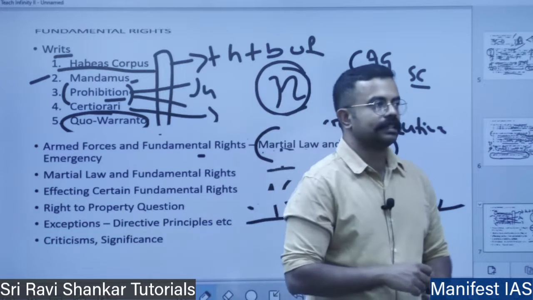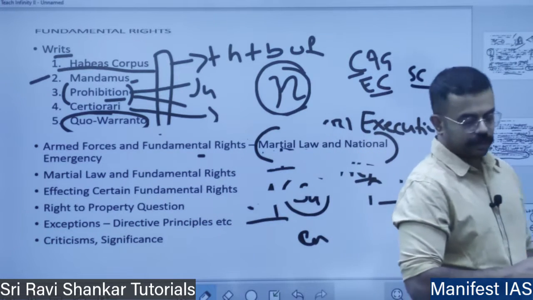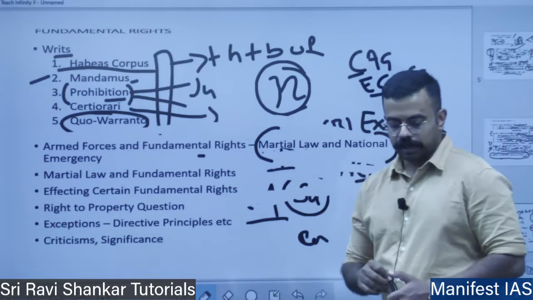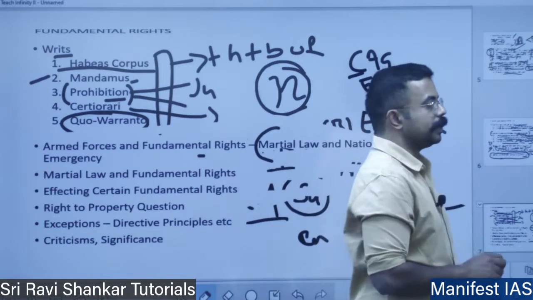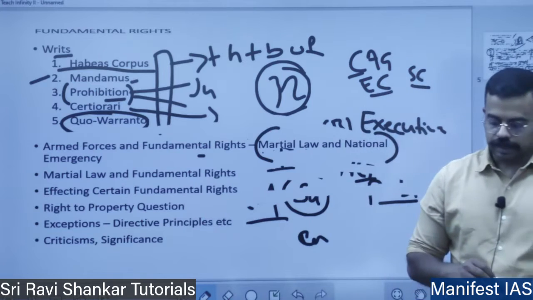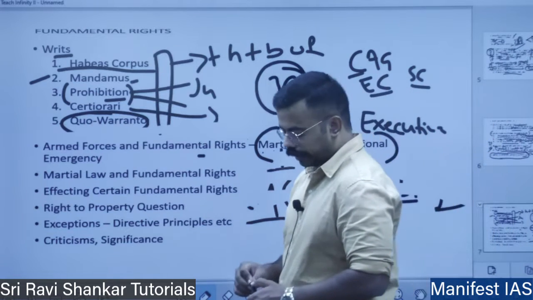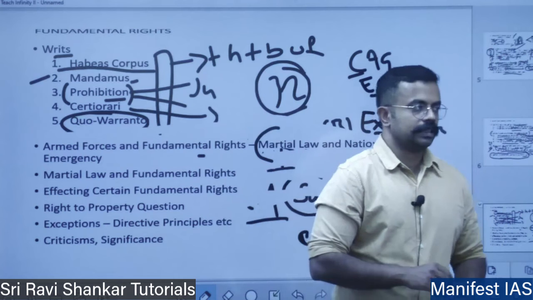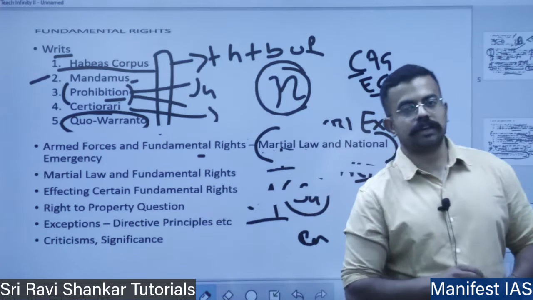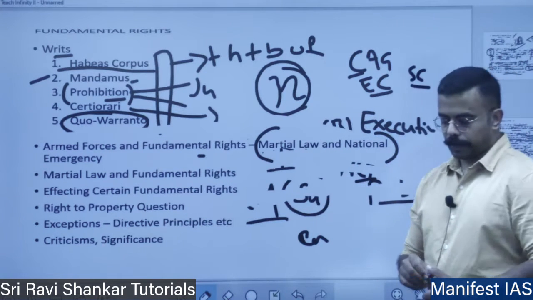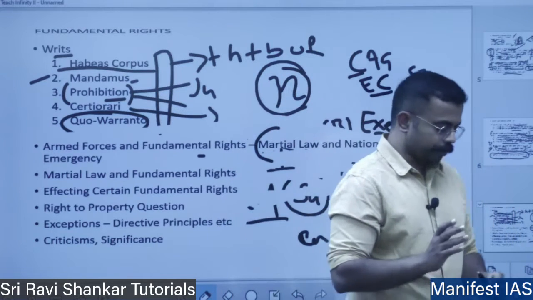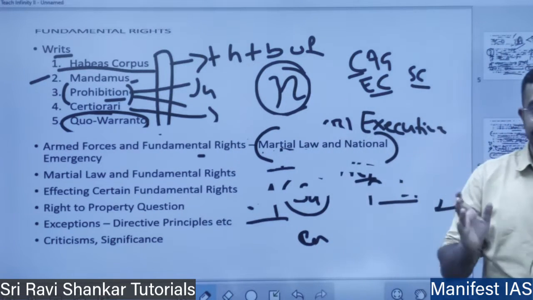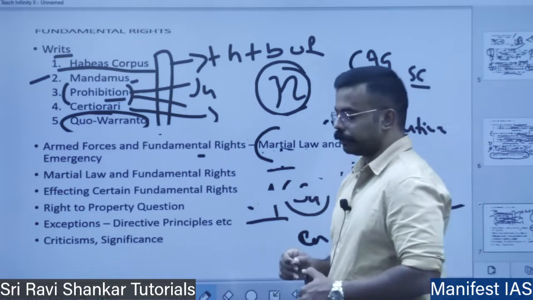So fundamental rights are not applicable in the areas of martial law. However, national emergency not only affects the fundamental rights but various other things. It even affects the legislative business. That is, the state government cannot enact laws. So the Parliament enacts laws belonging to the state government. So it affects the central-state relationships.